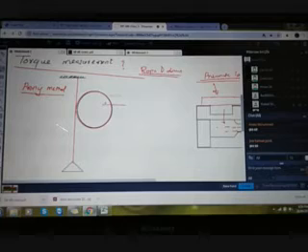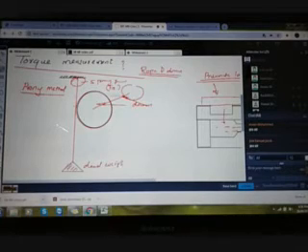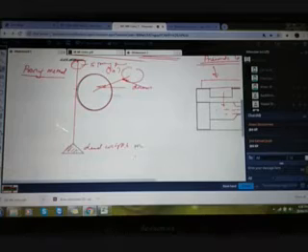Here there is a drum which is connected to the engine shaft, and it is surrounded by a rope. One end of the rope is connected to the spring balance, from which I get the value Fs, and the other end is connected to a dead weight. Take it as M into G. Then the force applied by the engine can be measured with the help of the opposing force developed by this.